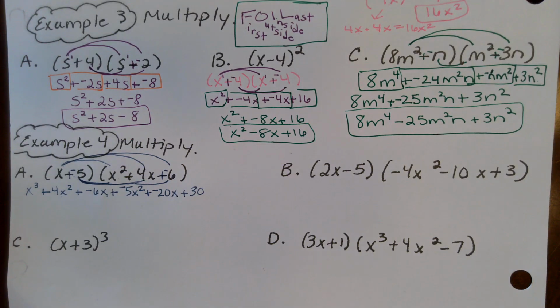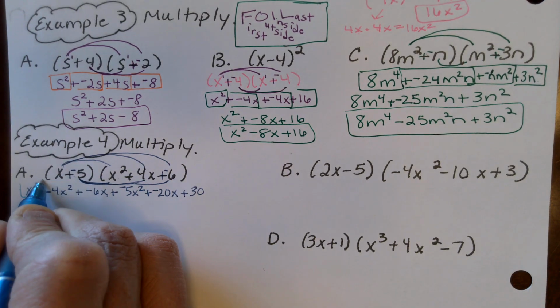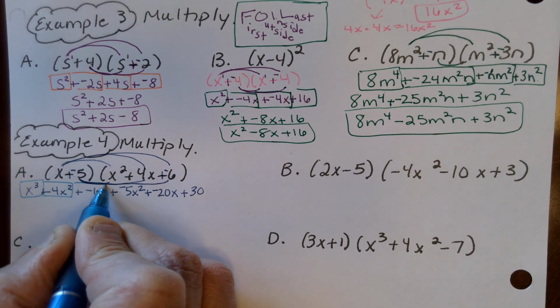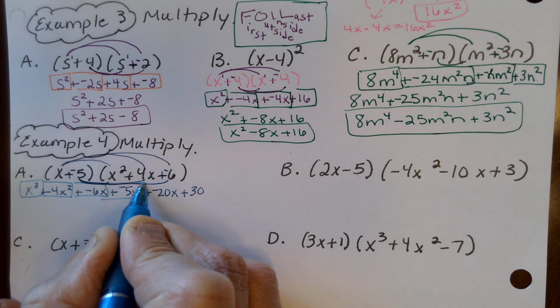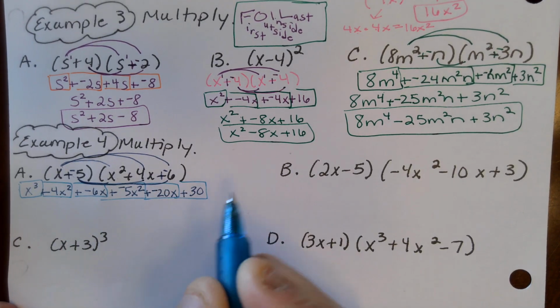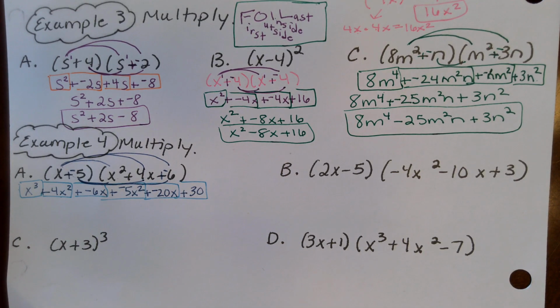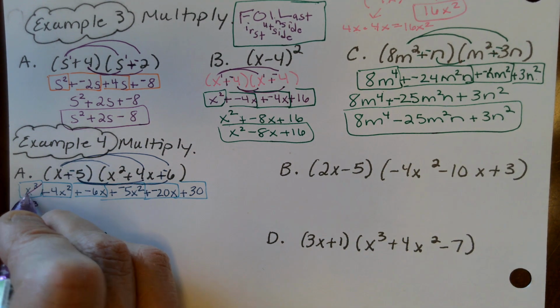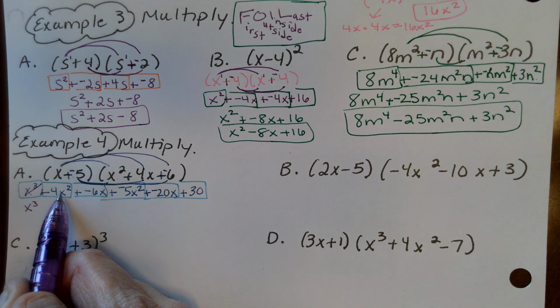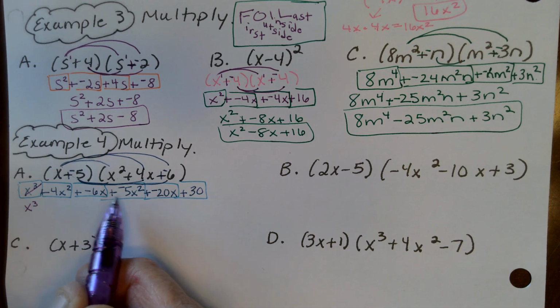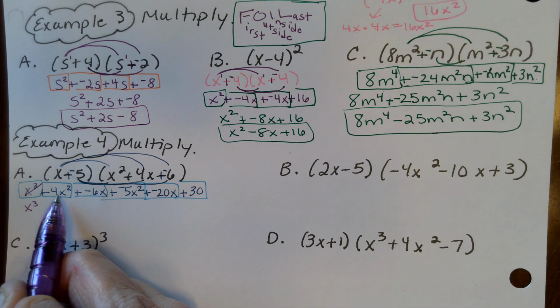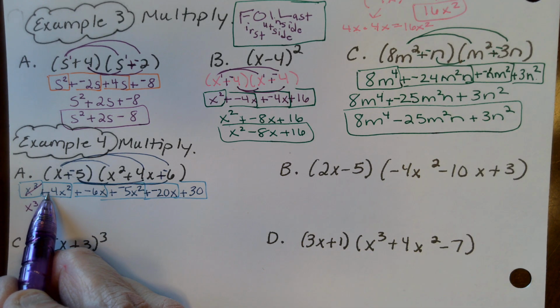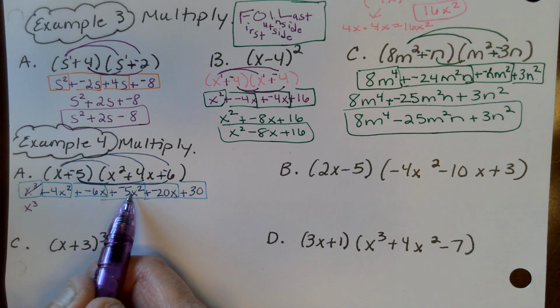So let's take a look at if we have any like terms. We have only one x to the third, so I'm just going to rewrite that. Then we have a 4x squared, and we have a -5x squared. Those are like terms. Those both have x squared. That's positive 4 and -5. Who wins?